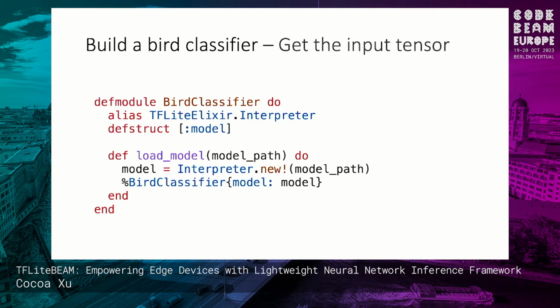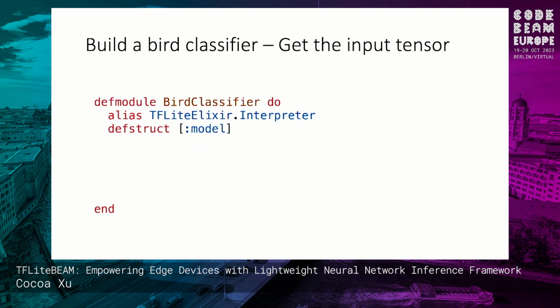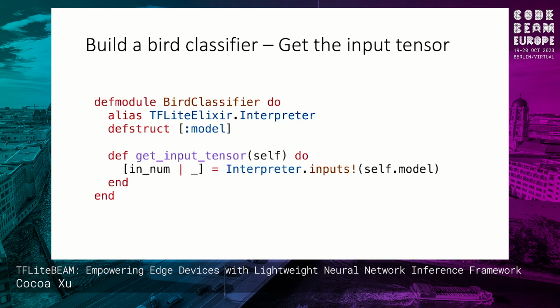And then to use the neural network, we need to get the input tensor. To do that, we define another function called get_input_tensor with the classifier struct. To get all input tensors, we can use Interpreter.inputs to retrieve all of them.